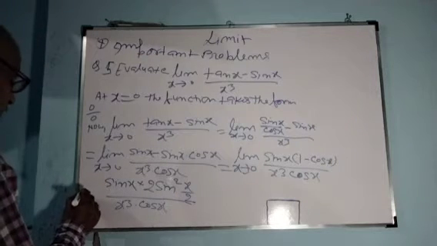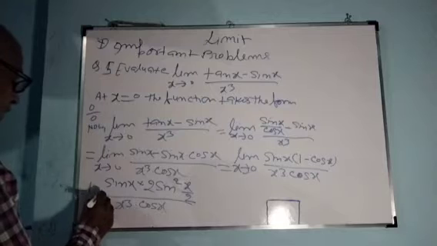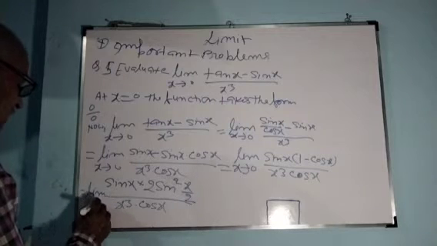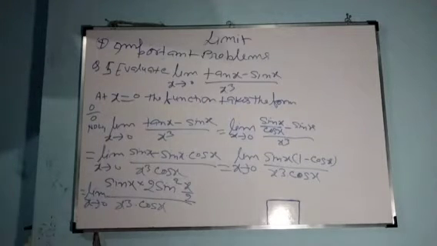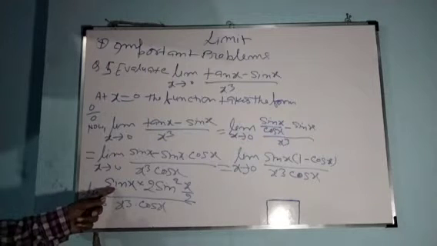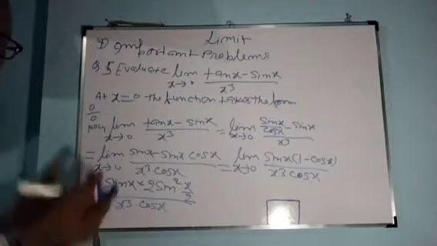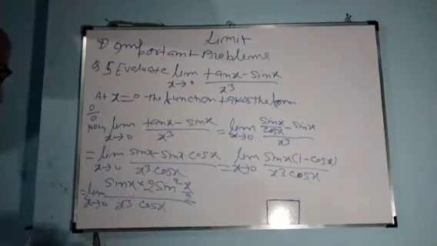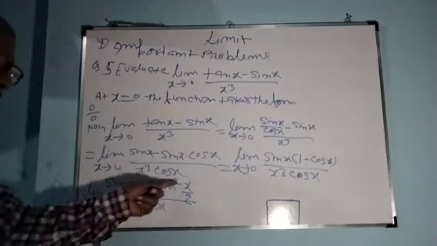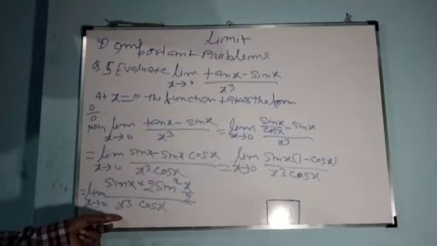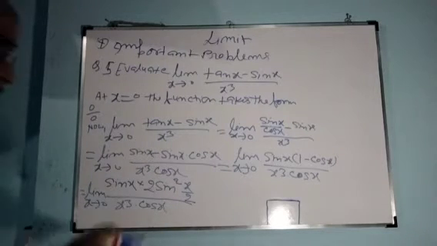This is equal to limit x tends to 0. Now here sin x by cos x becomes tan x, and x cube we factorize into x and x square.